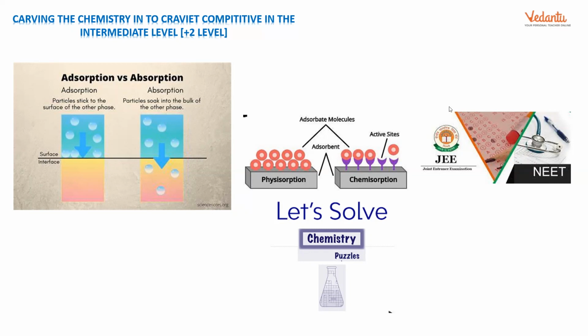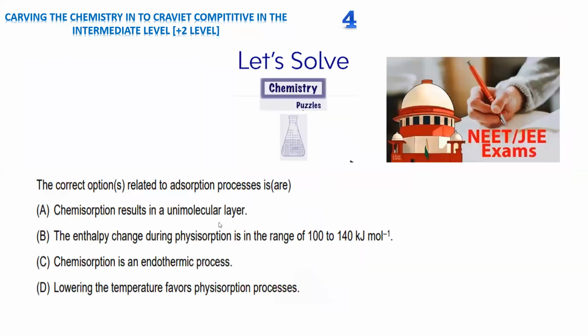Moreover, always one layer of adsorption we can clearly notice in the chemisorption process. Unilayered is the right answer. Whereas physisorption can be more than one layer. Adsorbent is the base or platform on which adsorbate molecules accumulate in more than one layer, a multi-layered process. So chemisorption being unilayered is the right answer.